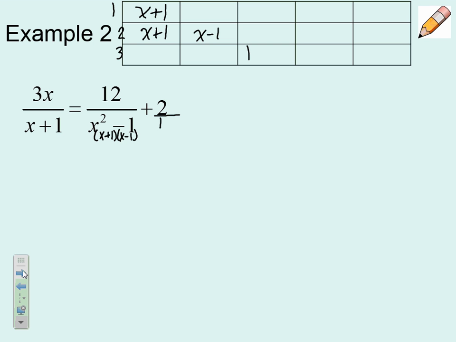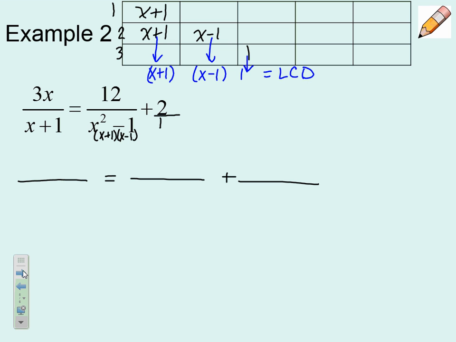So my lowest common denominator, guys, has to have an x plus 1, an x minus 1, and just your standard 1, which if you multiply by x plus 1 times x minus 1 isn't really going to change anything. So the lowest common denominator, LCD, I'm going to label it there, are those pieces that we've listed out of those columns. So I'm going to write those for 3 fractions.